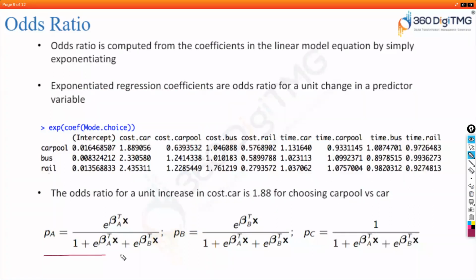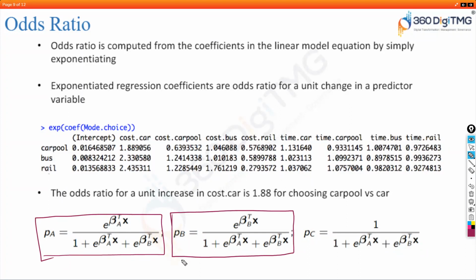So you have probability of A, then probability of B, and probability of C. If you add all of these three, it would sum up to 1, if you have three classes: probability of choosing a car, carpool, a rail.